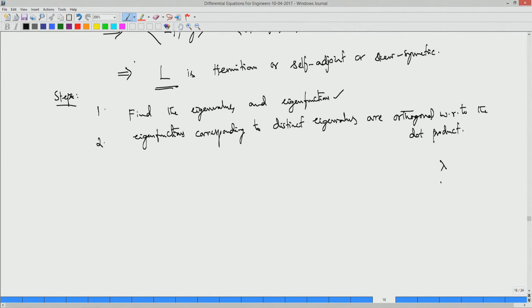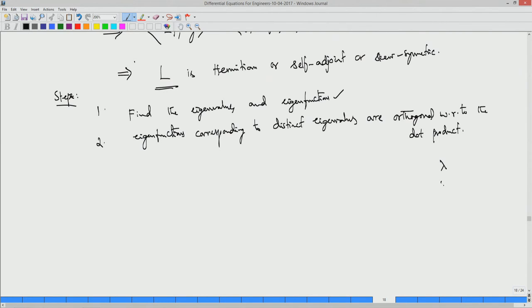So, you have two eigenfunctions maximum for an eigenvalue. If they are not orthogonal, obviously, for the same eigenvalue you have eigenfunctions.